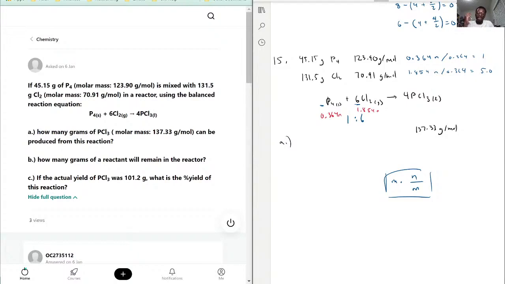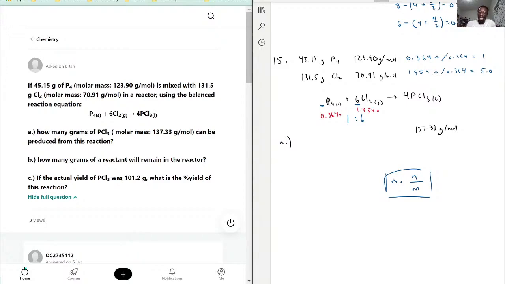So because chlorine is limiting, we're going to use that to figure out how many moles of PCl3 was actually made. So we have 5 moles of it, right? And the ratio here is 6 to 4. So to convert it to the 4, we're going to divide by 6, because that's, in a sense, how many chlorines it takes, and then multiply by 4.